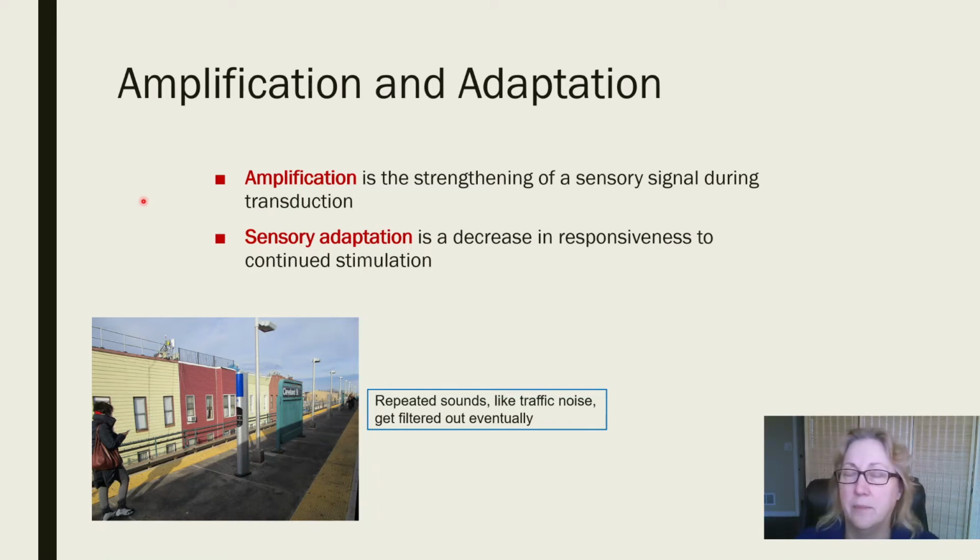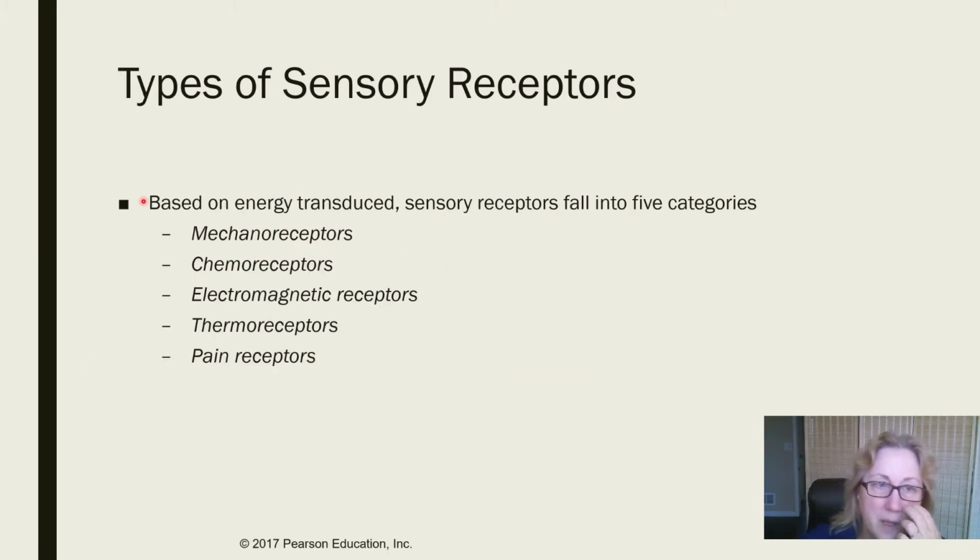I'm not even going to pay any attention to that whatsoever. So that's two types of sensory adaptation. Either the neurons themselves are no longer going to send an action potential, or the central nervous system will ignore the signal from the sensory neurons. Both of those are sensory adaptation, decreased responsiveness to repeated stimulation.